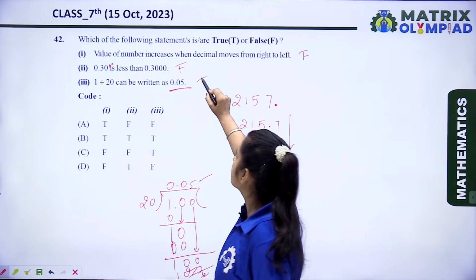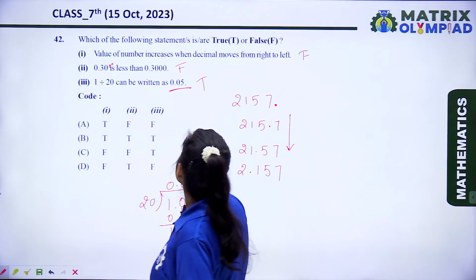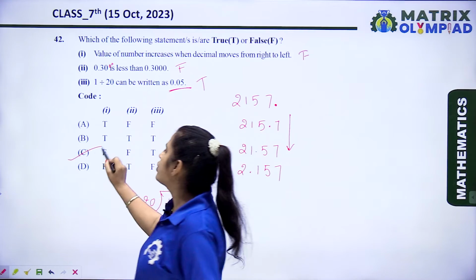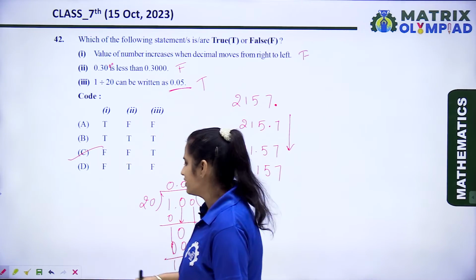So we can say that the third statement is true. So here the sequence is false, false and true. So option C is the correct answer.